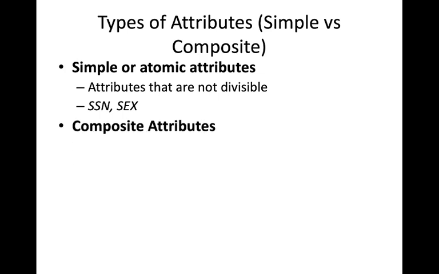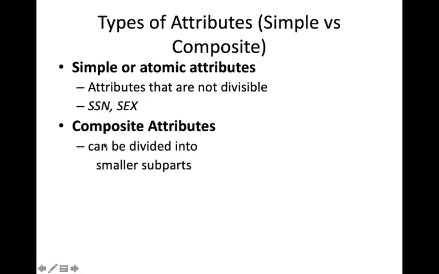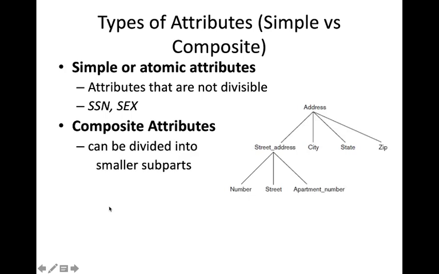Then the second type of attribute is the composite attribute. Composite attributes can be divided into smaller subparts. For example, address is a composite attribute because it can be split into street address, city, state, and zip. Street address can again be split into number, street, and apartment.